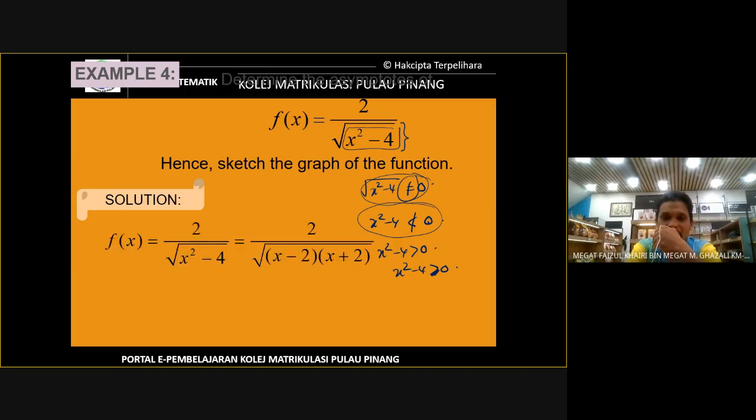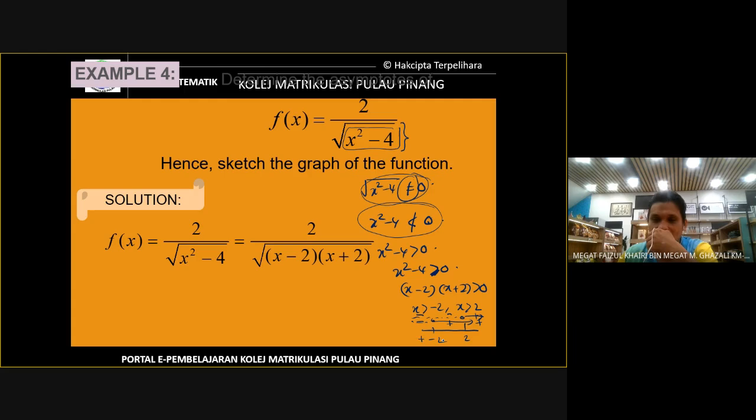So for this one here now, for x squared minus 4 greater than 0, then x minus 2 and x plus 2 greater than 0. So x greater than -2 and x greater than 2. Greater than and greater than, we have negative, negative, negative, positive, positive, positive.